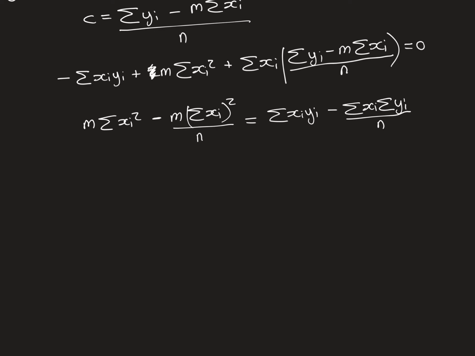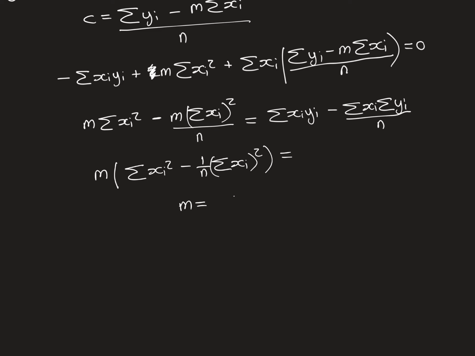Good. So we can now factor out this m, and we'll have m of the sum of xi squared minus 1 over n times the sum of xi all squared is equal to the same thing as we've got there. And so we'll just divide through by that.